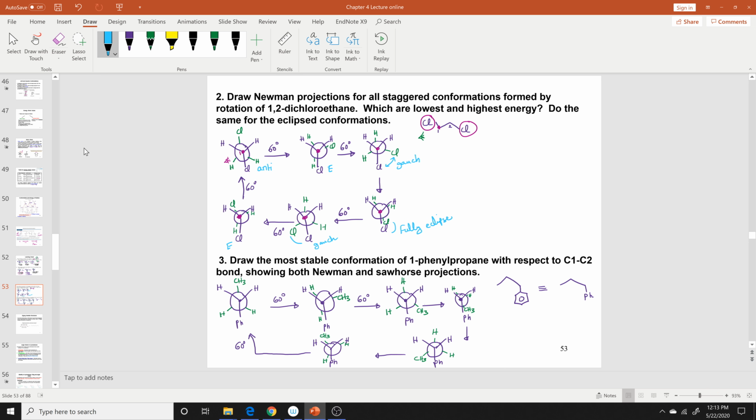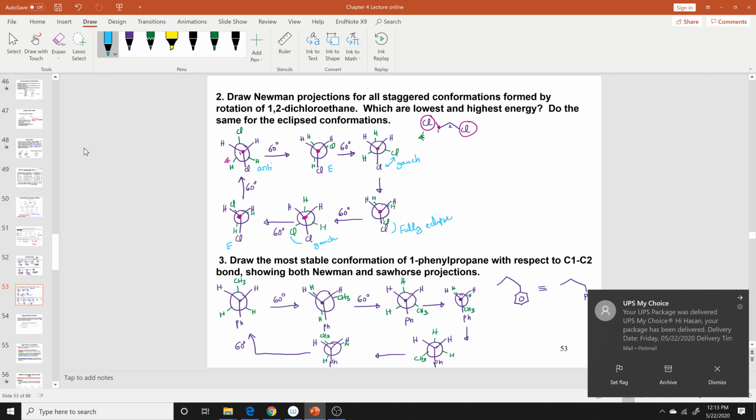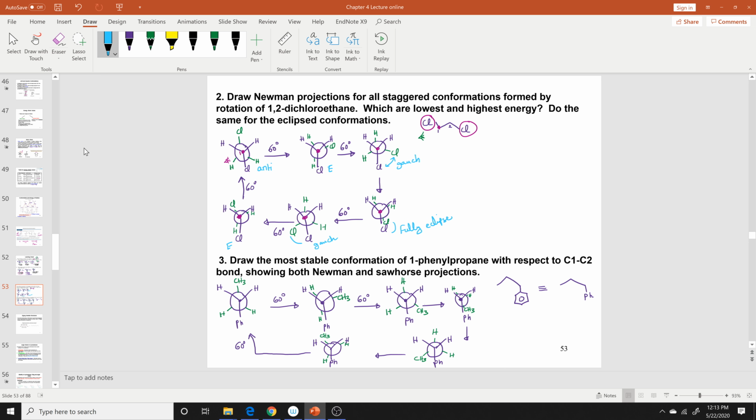Make sure you fix one carbon, you rotate the other, fix whatever carbon you want, but just fix one and rotate the other. You do a rotation 60 degrees at a time if I ask you to draw all the conformations. Same thing over here. I'm asking to draw all the conformations, so go ahead and just do a rotation 60 degrees at a time.